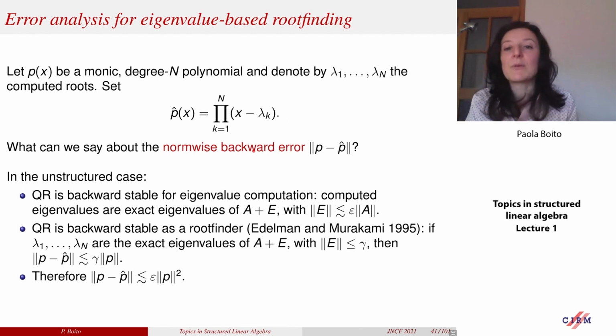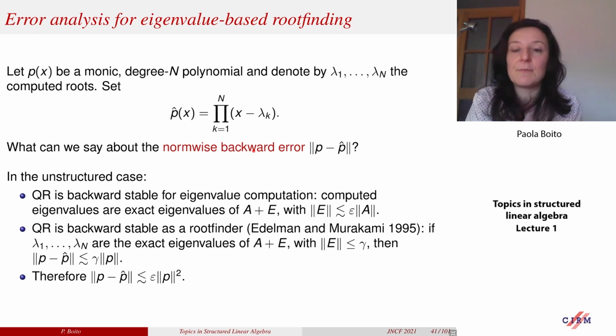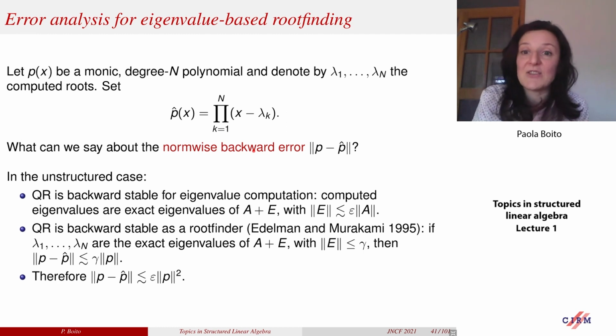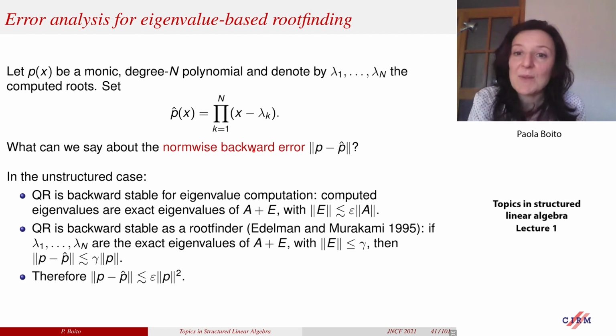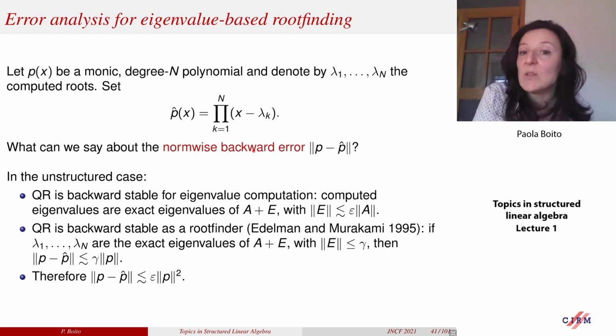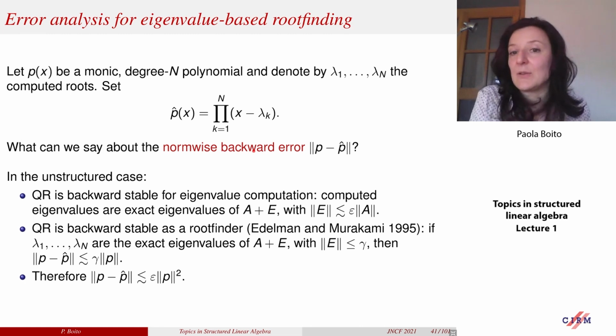Okay, so backward stability as an eigensolver means yielding eigenvalues, exact eigenvalues of a matrix that's close to the original matrix. Stability as a root finder means yielding the roots, the exact roots of a polynomial that's close in norm to the original polynomial.